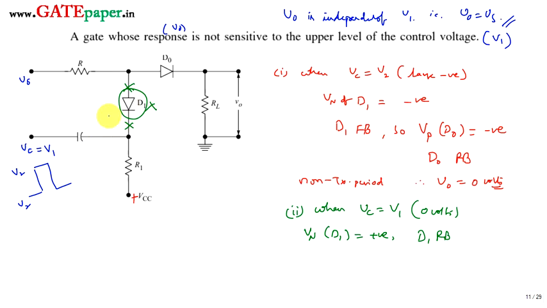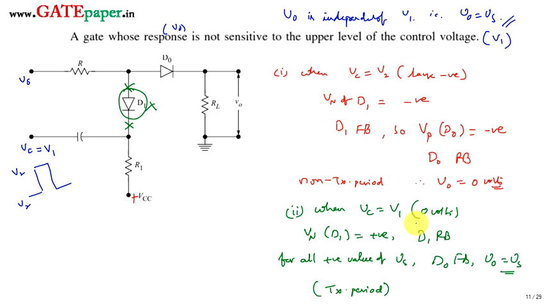Then Vs is directly connected to P side of the diode. If it is a positive signal, then definitely that makes the diode forward bias. For all positive values of Vs, diode D0 is forward bias and V0 is equal to Vs. This is called the transmission period.